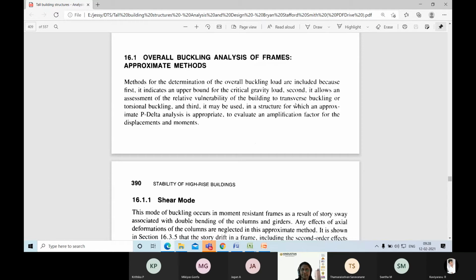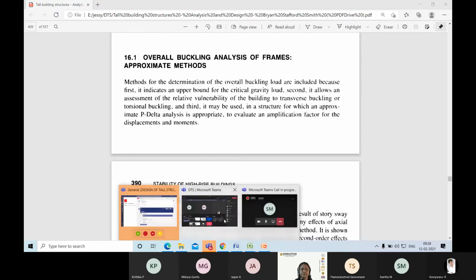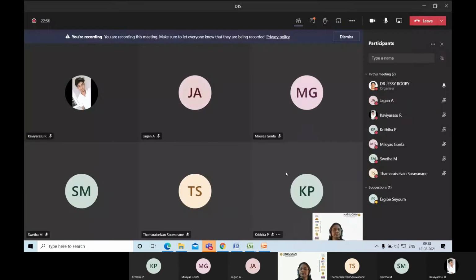Does anybody remember what formula is used to find the buckling load, P critical, the crippling load? Just go back to your UG classes and see.